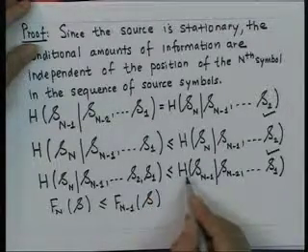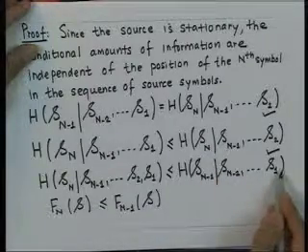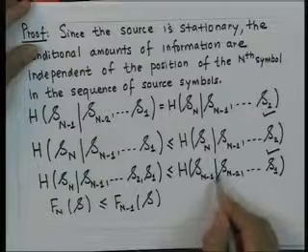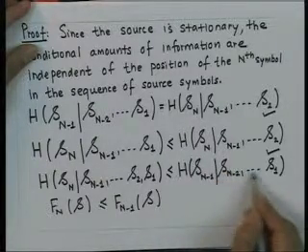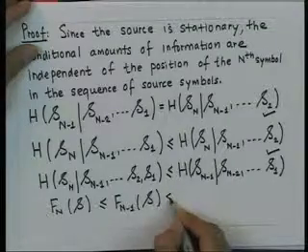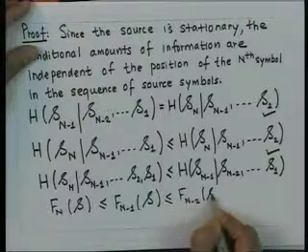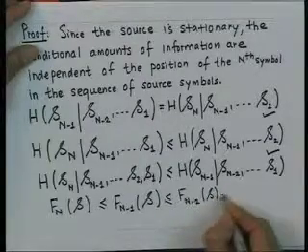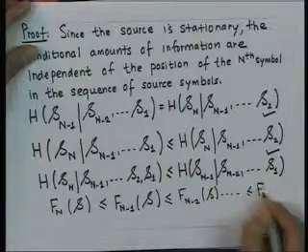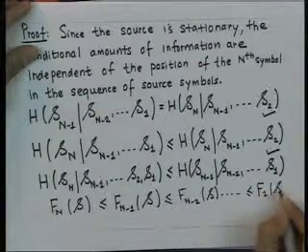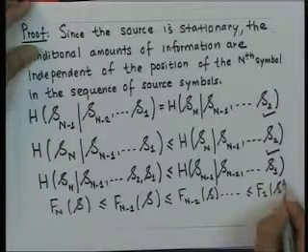Similarly I can extend: H of Sn minus 1 given Sn minus 2 up to S1 is less than or equal to H of Sn minus 2 given Sn minus 3 up to S1. I can extend like this and simply show that this condition is true.